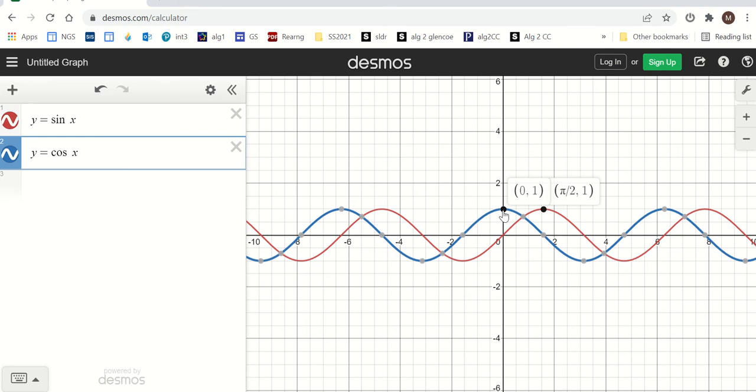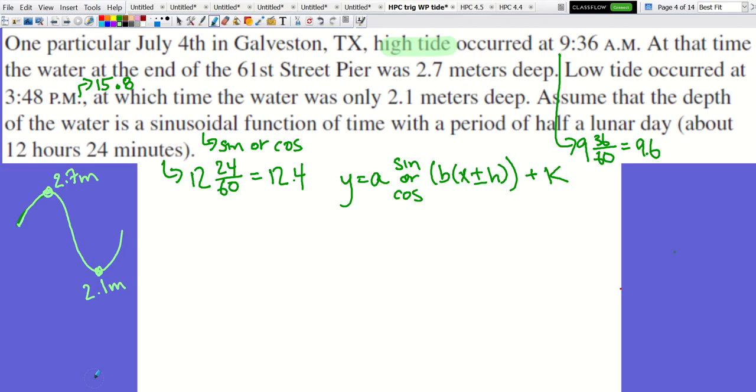Cosine starts cleanly at its high point. So we're going to choose cosine here. Let me rewrite that in black.